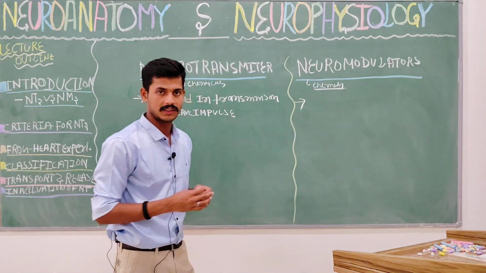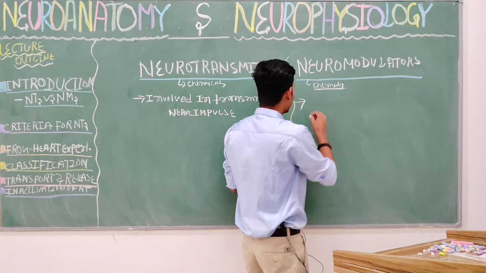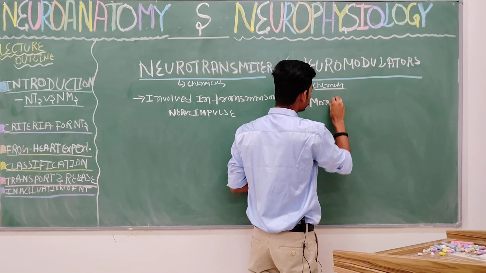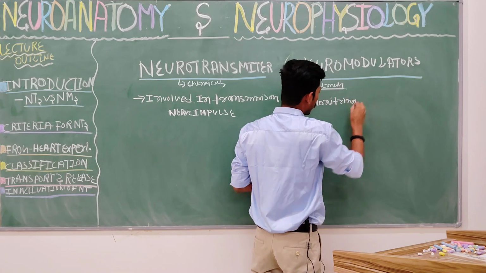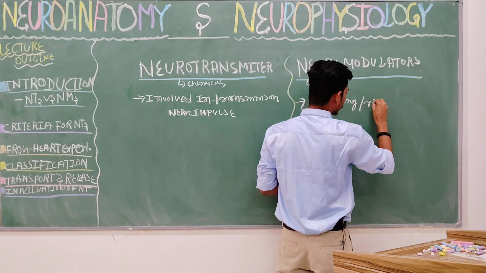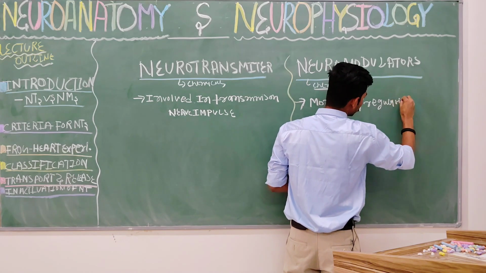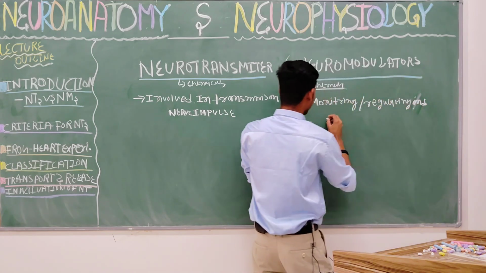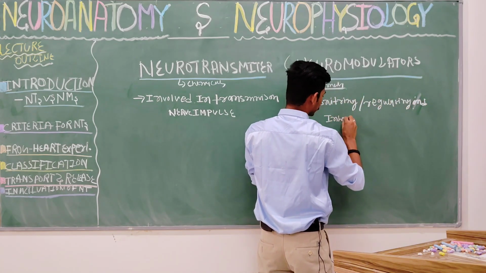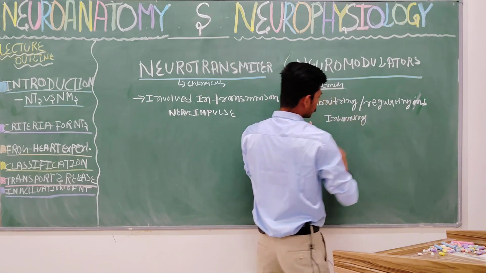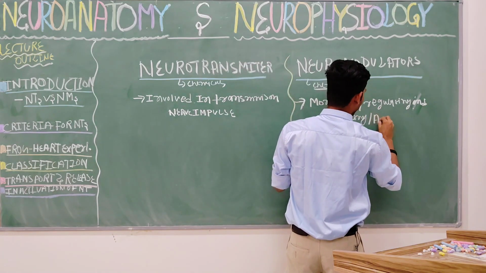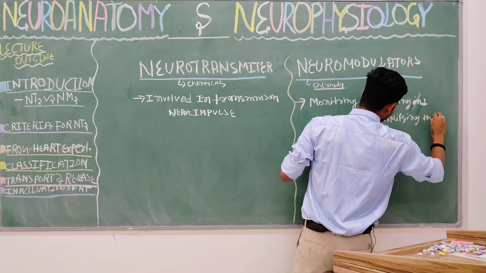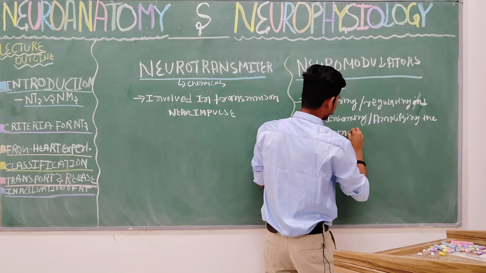They are not transmitting the nerve impulse, but they are involved in monitoring, or another word you can say regulating, enhancing, or you can also say amplifying the synaptic transmission.